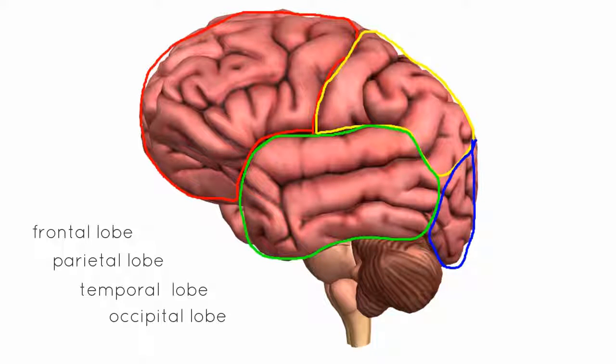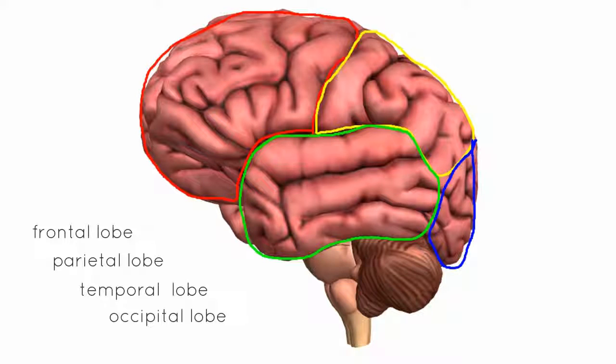This is quite a rough illustration of the four lobes, but I wanted to show you how the central sulcus and the lateral sulcus are important in defining these different areas. Anterior to the central sulcus you've got the frontal lobe, posterior to it you've got the parietal lobe, and inferior to the lateral sulcus you've got the temporal lobe. The frontal lobe is important in decision making, problem solving and planning.